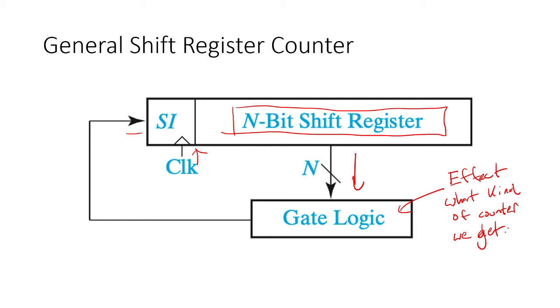This could be a gray code counter, some kind of ASCII counter, whatever that counter is, is going to be provided in that feedback loop back to serial in. So we'll do much more detailed counters next time, but for now, are there any questions about this general concept? Shift register to some kind of logic back as feedback to serial in makes counting happen.